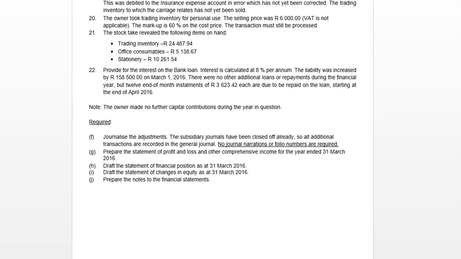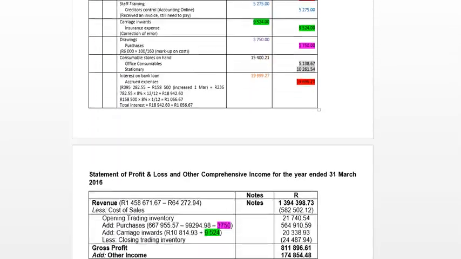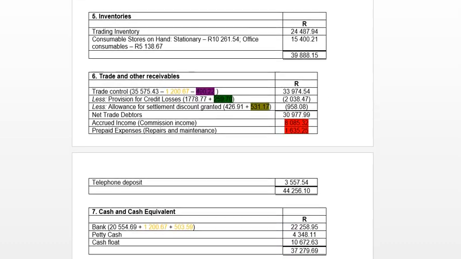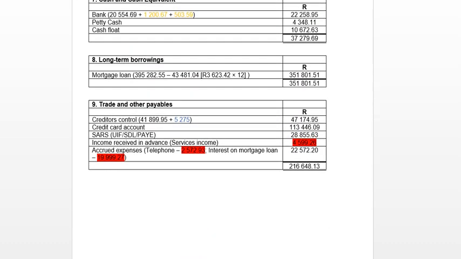So less than 12 months will then be installments. So every month we're going to make a payment of R3,623.42. So that's going to be our short-term portion, and that we need to take out from our long-term loan and record it as our short-term portion.